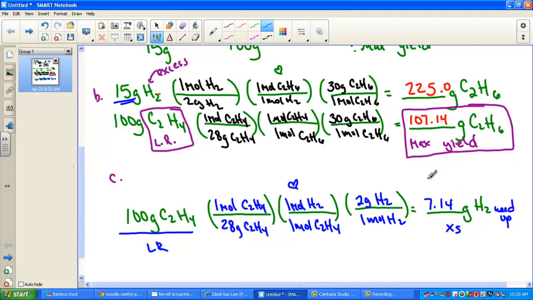Remember how much we actually put in? We started with 15 grams of hydrogen. That was the initial amount given to us. We consumed 7.14. How much remained unused? Remember, I'm just going to like units so I can do an easy subtraction. 7.86 grams hydrogen in excess amounts.